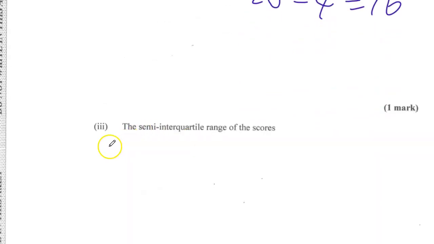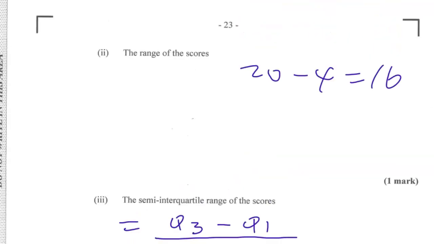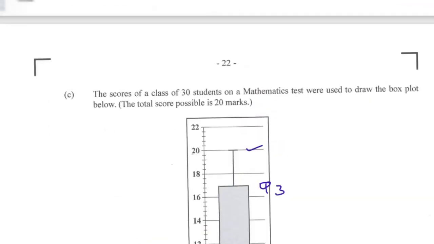So the semi-interquartile range is equal to Q3 minus Q1 over 2. Or I say upper quartile minus lower quartile divided by 2. So let's see what the upper quartile and lower quartile are.